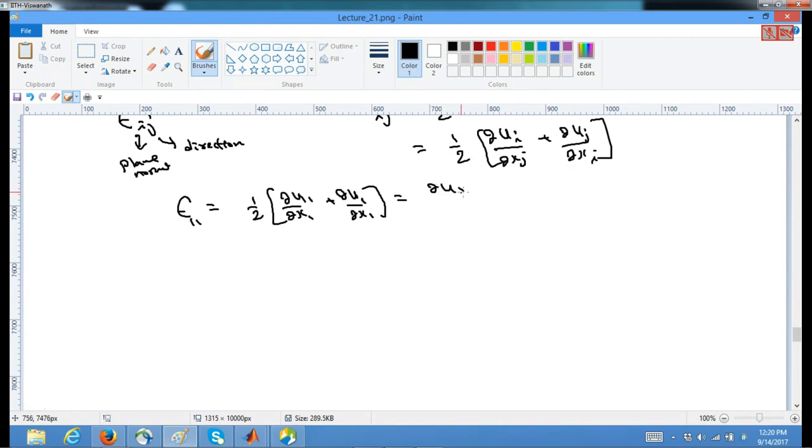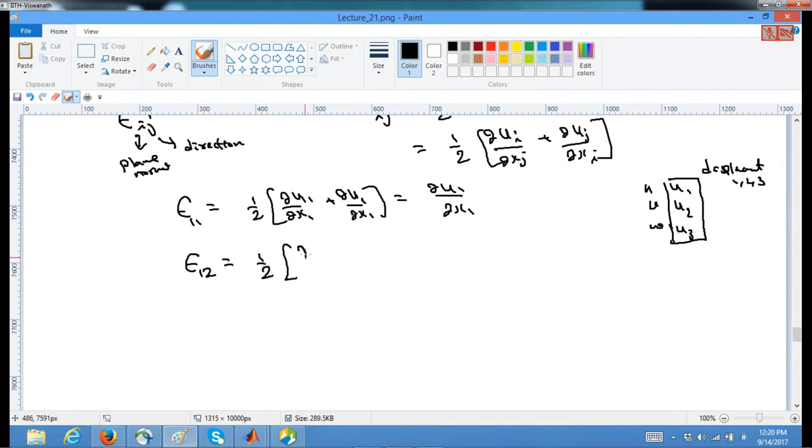Here u are the displacements along the 1, 2 and 3 directions. That is, in general you used to call them displacements u, v, w. Now we will call them u1, u2, u3 synonymously. Further, epsilon 1 2 is defined as 1/2 (dou u1 by dou x2 plus dou u2 by dou x1).